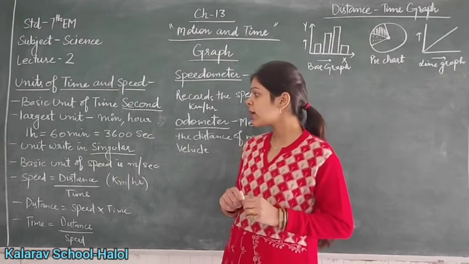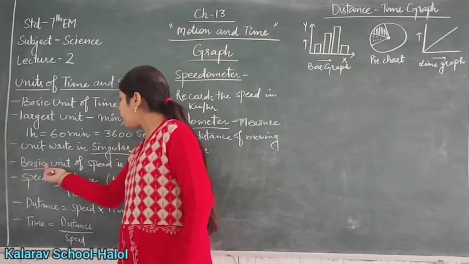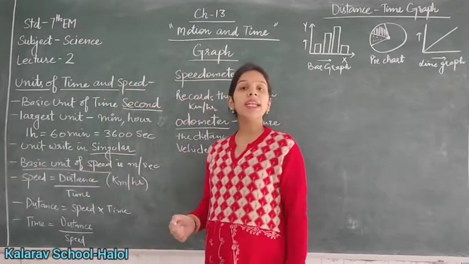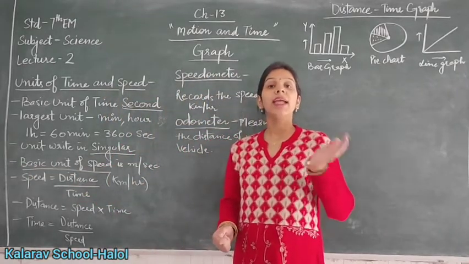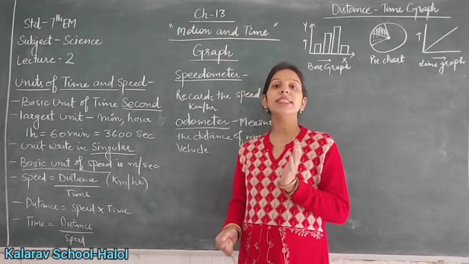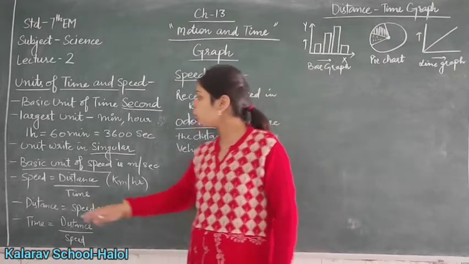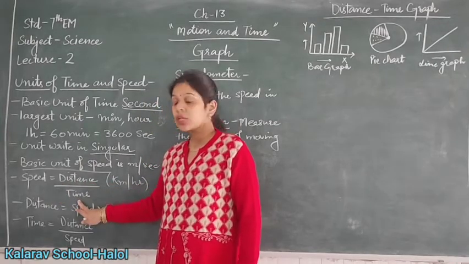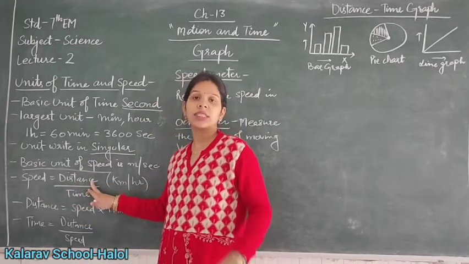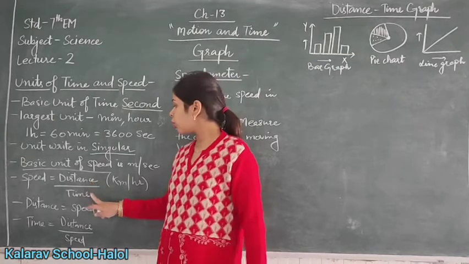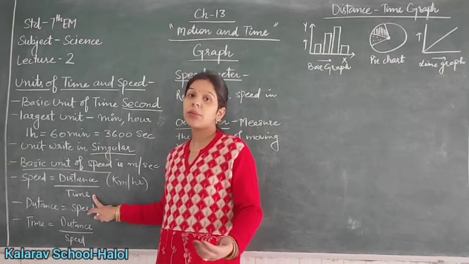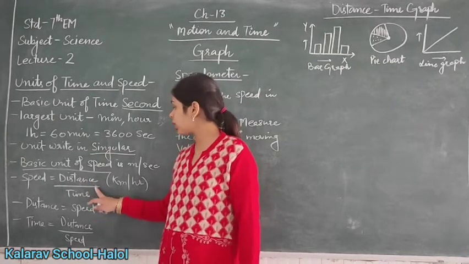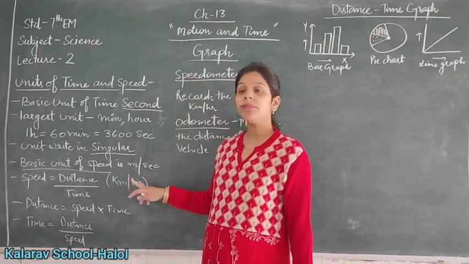So next are the basic units of speed. Speed can be calculated in terms of distance and time. We know that speed equals distance upon time. So what is the unit for distance? Sometimes it is meter. What is the unit for time? Sometimes it may be second. So what does the unit of speed become?